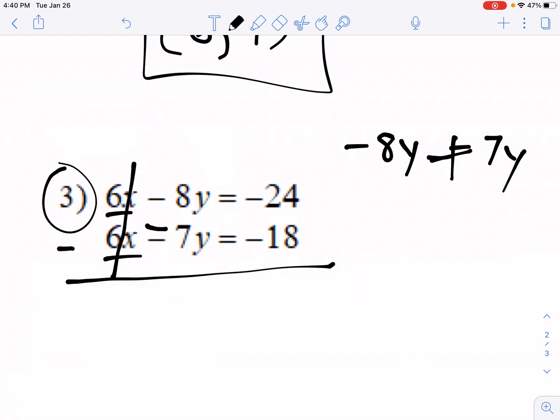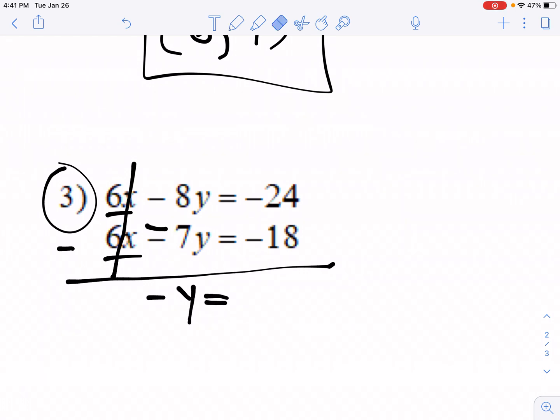Then we keep the negative, so we have a negative 1y, or we could just say negative y, equals, I'm going to write it to the side here so you can see it, a negative 24 minus a negative 8. Again, if we minus a negative, it's really addition, so we'd have a negative 24 plus 8, so we're going to have 24 minus 8, keep the sign of the larger value, which would give us 16, and 24 is bigger, so it'd be negative, okay?